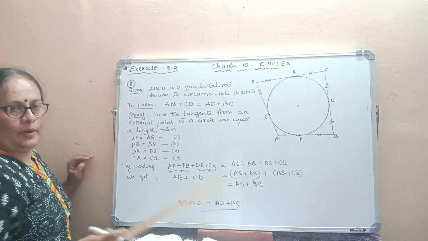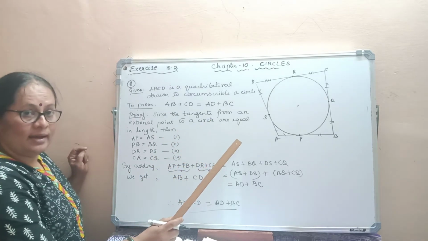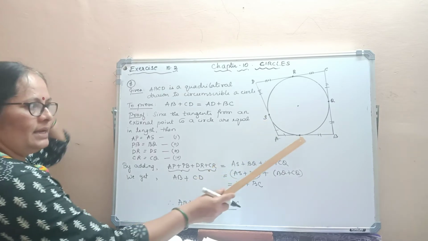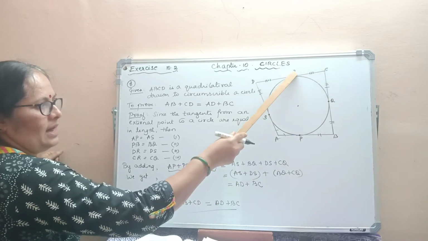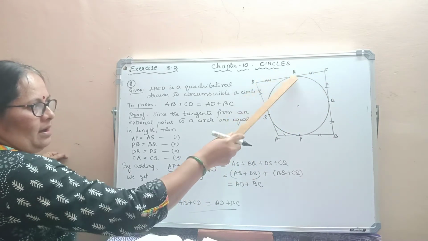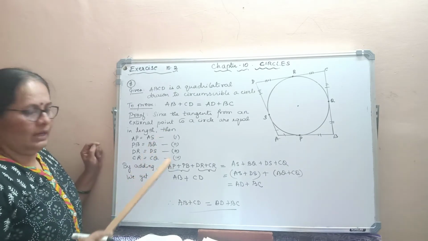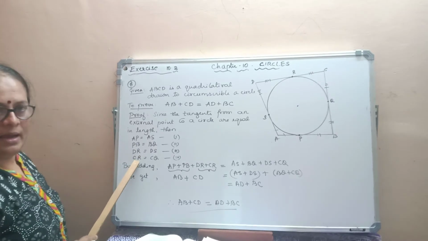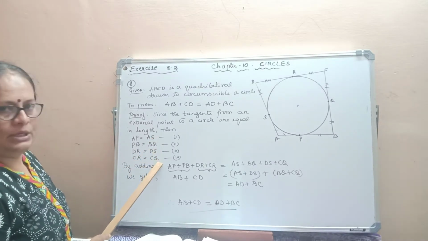The only property we used here: tangents from an external point to a circle are equal in length. So AP equals AS, PB equals BQ, CQ equals CR, DR equals DS. Adding all four equations, we get AP plus PB plus DR plus CR equals AS plus BQ plus DS plus CQ.